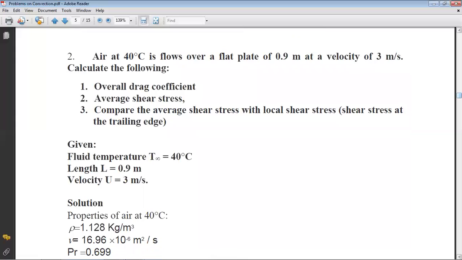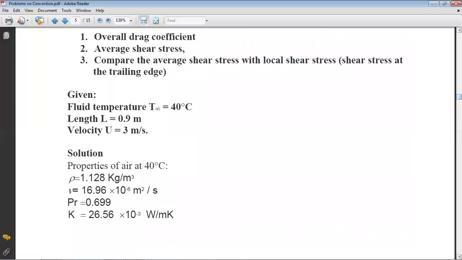Now, the properties of air at 40 degrees Celsius: density is 1.128 kg per meter cube, kinematic viscosity is 16.96 into 10 raised to minus 6 meter square per second, Prandtl number is 0.699, and thermal conductivity is 26.56 into 10 raised to minus 3 watt per meter Kelvin.